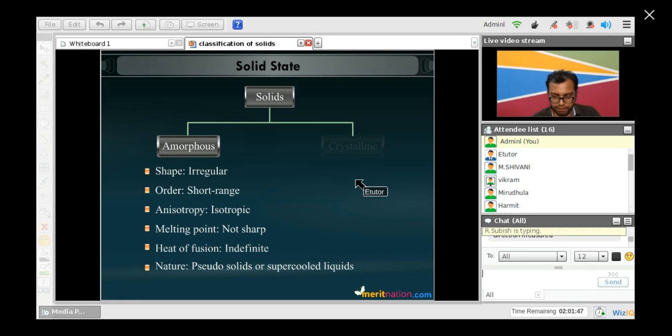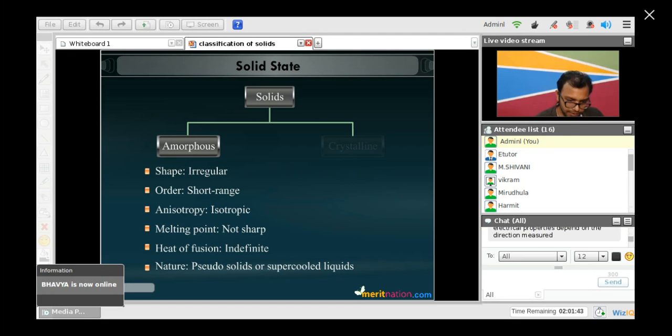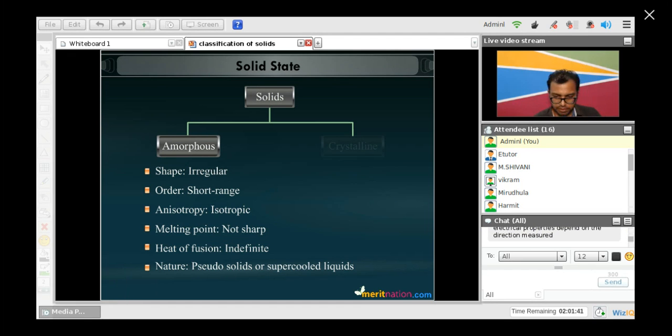Now, let's say we are drawing a graph between temperature and volume.